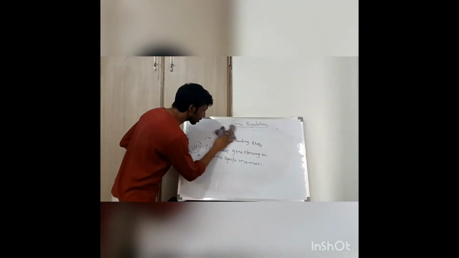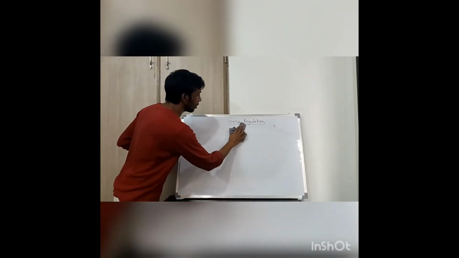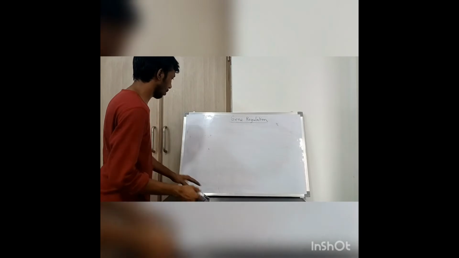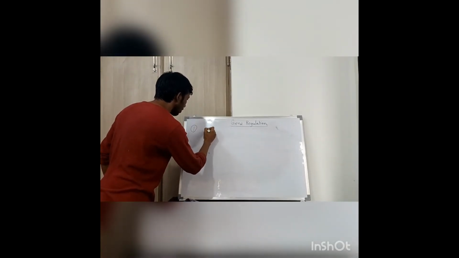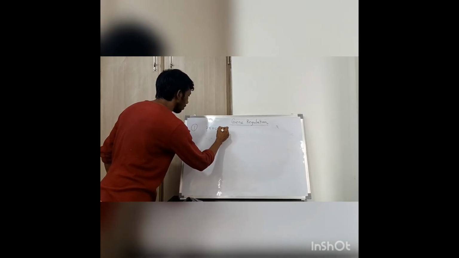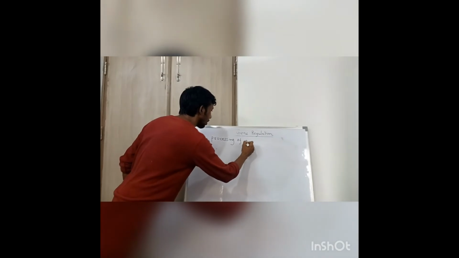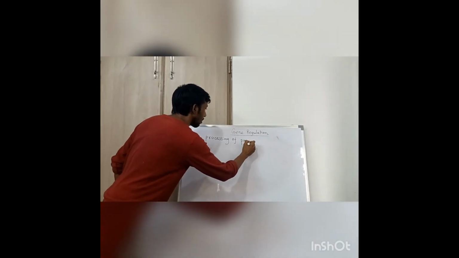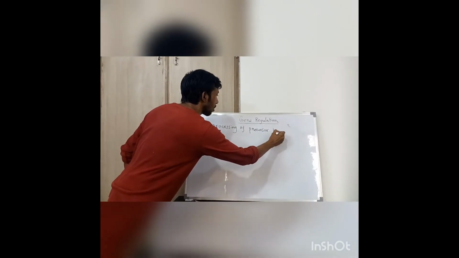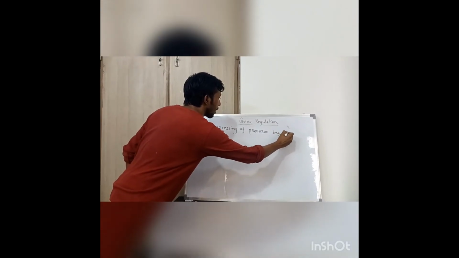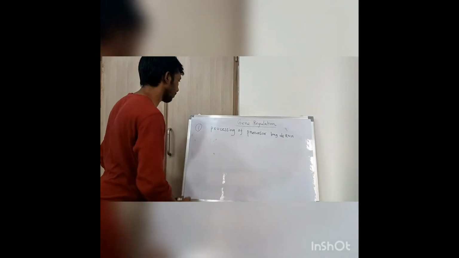Now we will discuss how siRNAs help to silence a gene. The first step is processing of precursor long double-stranded RNA.